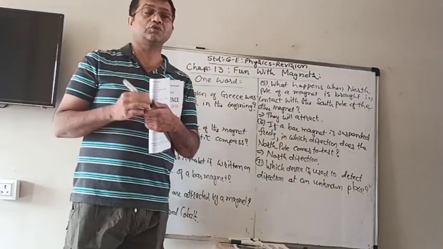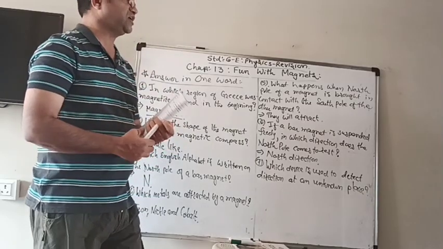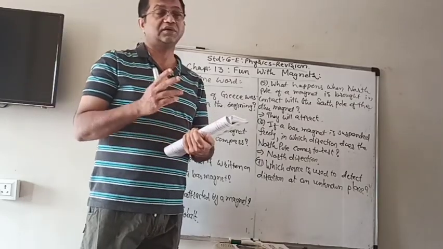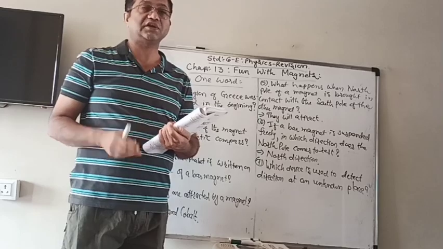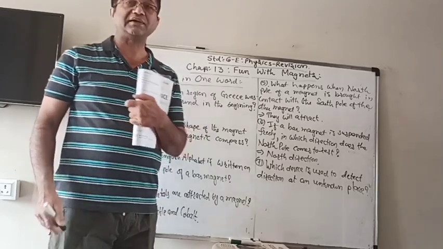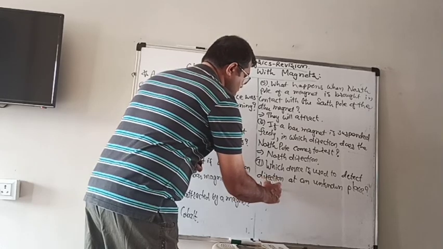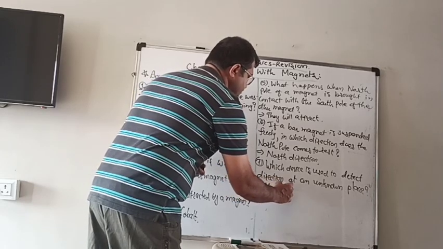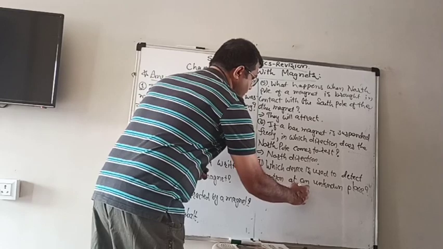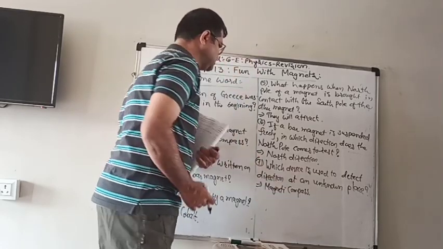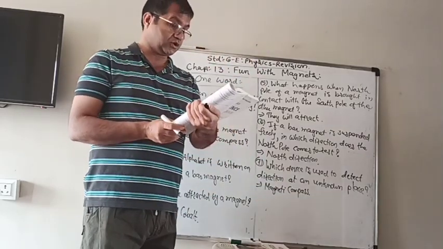We know that to detect directions, the magnetic needle is useful, which is used in the magnetic compass. So the answer is magnetic compass, or you can write down only compass. That is also not a wrong answer.